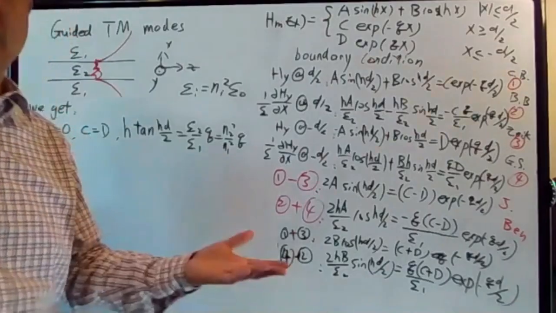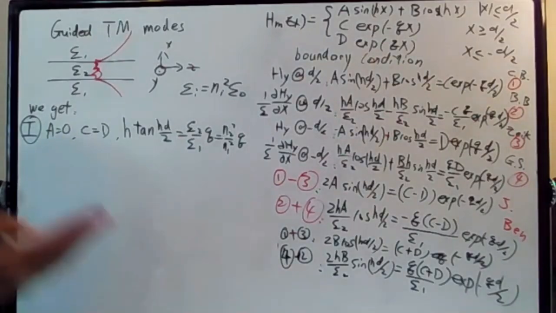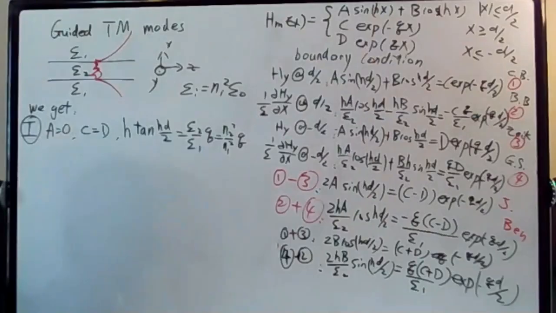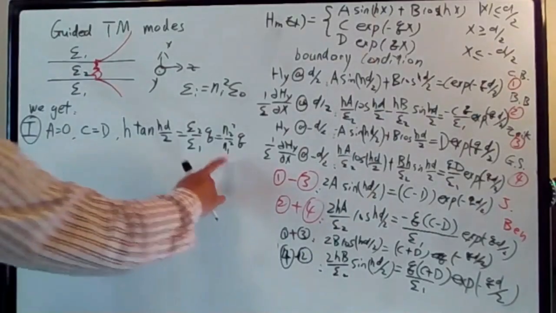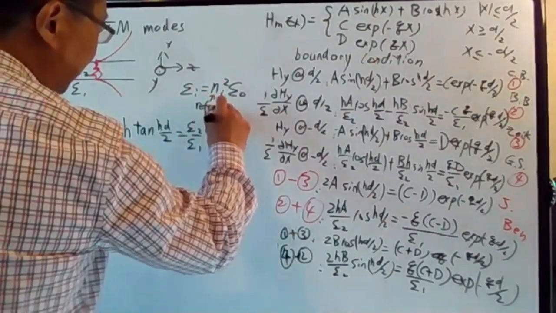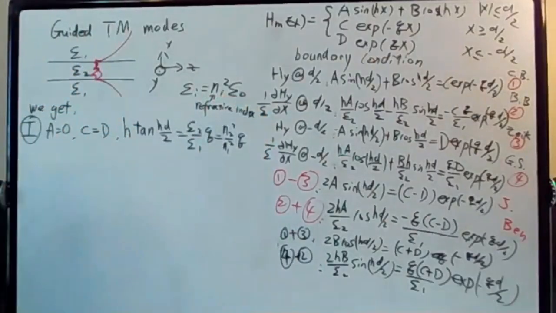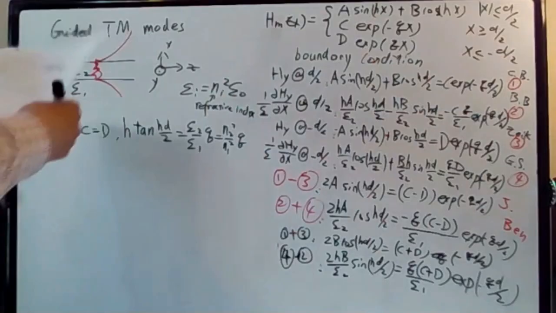Air is 1, and water is about 1.3. Index means that light propagating in this particular medium has its speed divided by the index. Epsilon is permittivity.